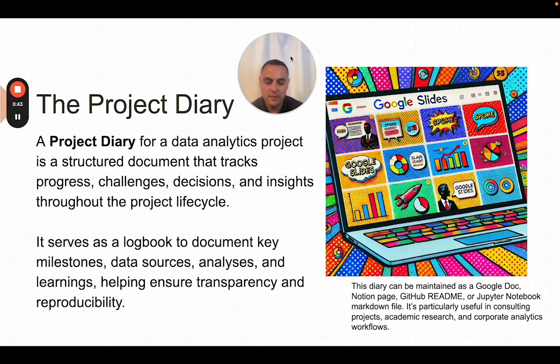So it's basically a logbook that helps you document various milestones, tracks the progression of a project, including identifying and listing out the data sources, any analyses and learnings or results, as well as providing transparency among largely the project team and contributors.